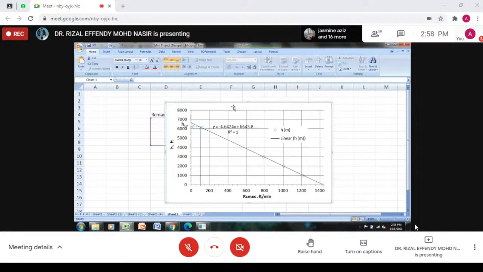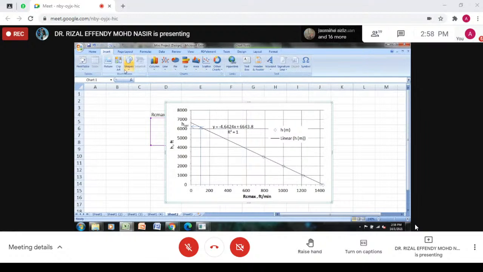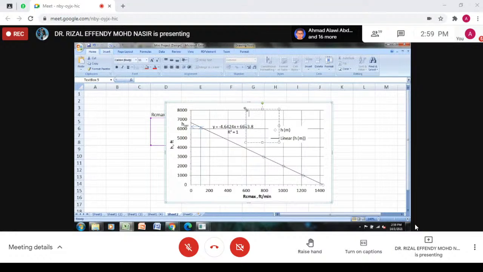You boleh juga nak put it, or you boleh buat satu statement kat atas ni, absolute equal to 6,643.8 equal to 6,200 itulah berdasarkan apa yang mata saya nampak lah.